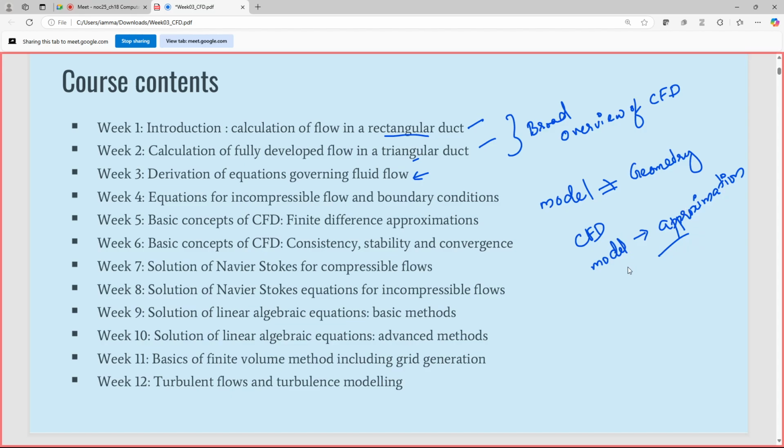That's what this word means in CFD. When we talk about geometry, we use geometric model or geometry itself. In layman's terms, when we hear the word model, what comes to mind is a geometric model. But please keep in mind that in this course and the introduction section, model or modeling means approximation. So let's move on to our session.